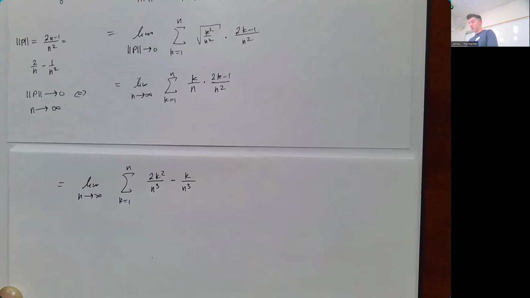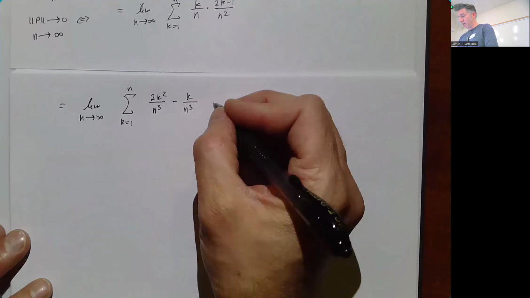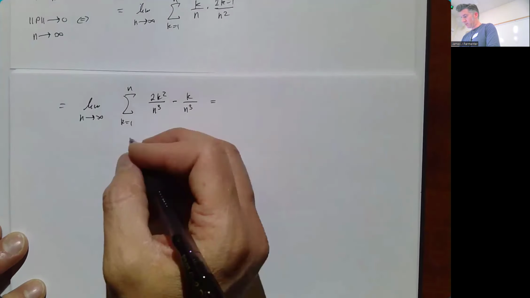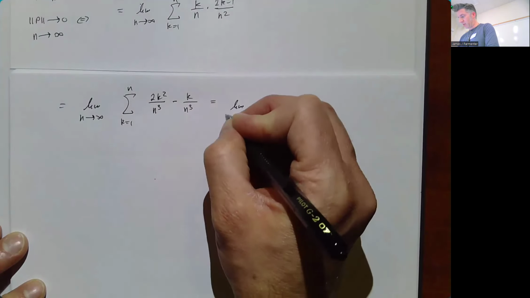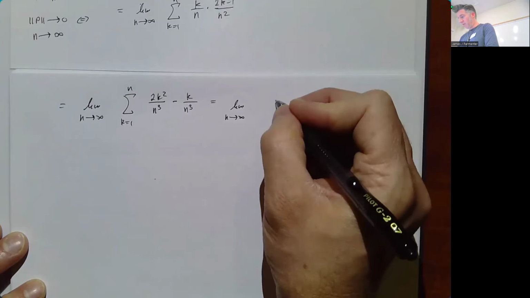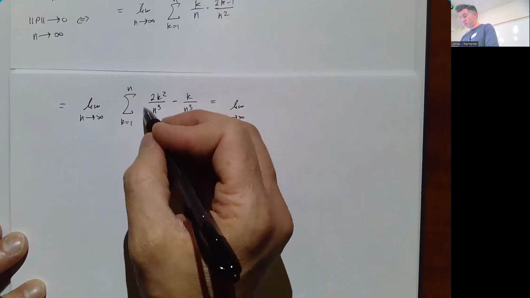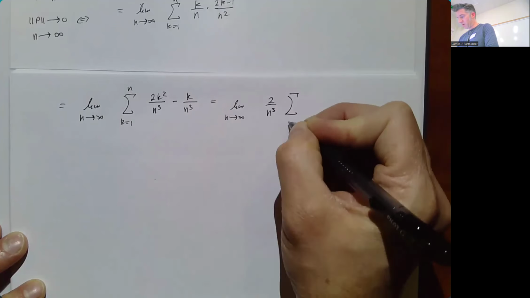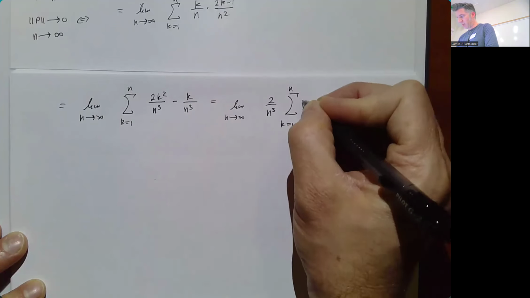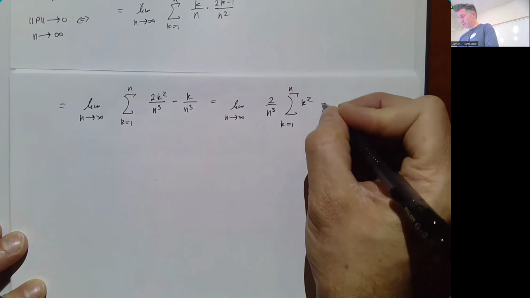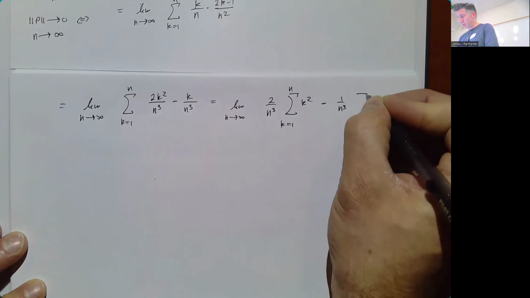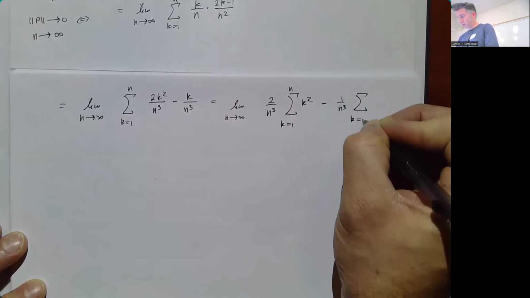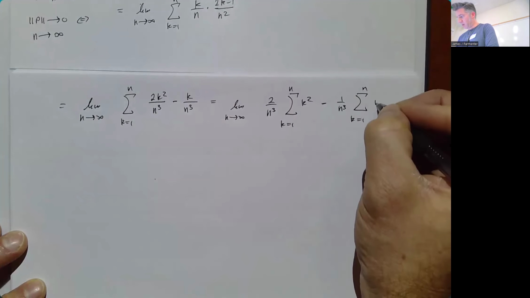I'm still going to do the usual thing of breaking this up and pulling out the constants. So I'm going to write this as the limit as n goes to infinity of 2 over n cubed times the sum from k equals 1 to n of k squared, minus 1 over n cubed times the sum from k equals 1 to n of k.